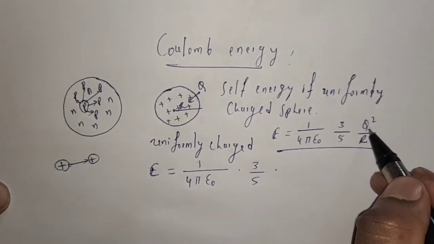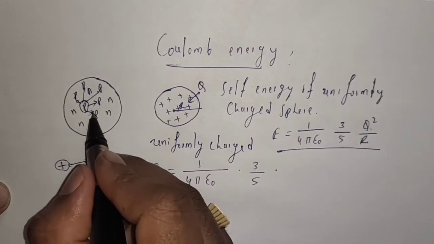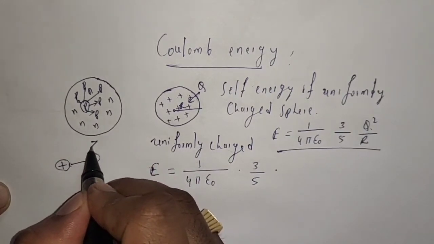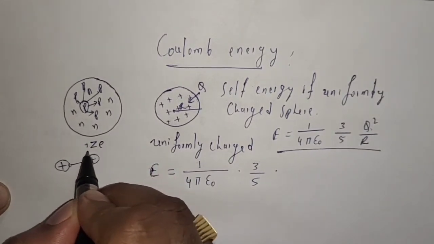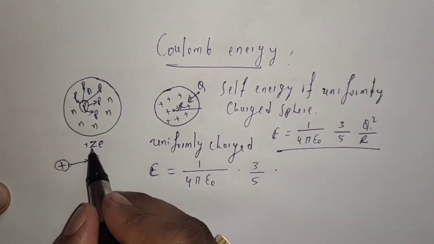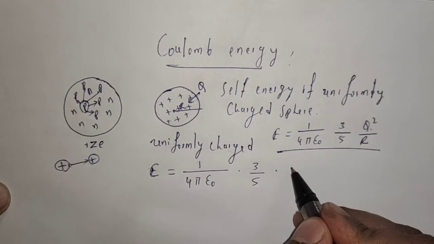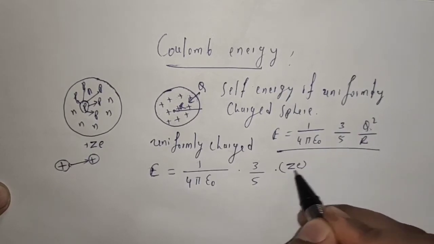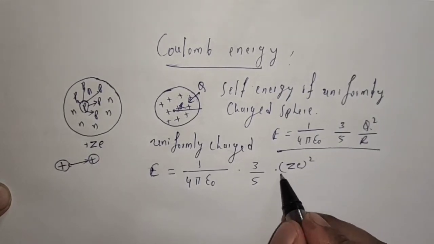Here q is the charge, and the nucleus has charge Ze, so in place of q we substitute Ze, giving Ze square divided by r.